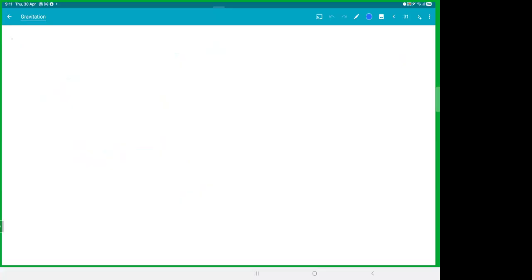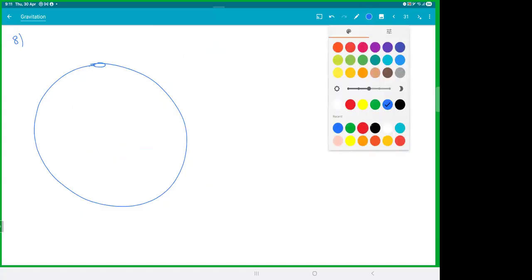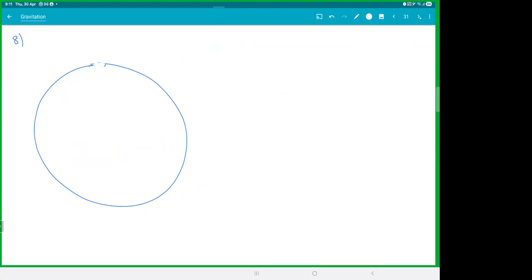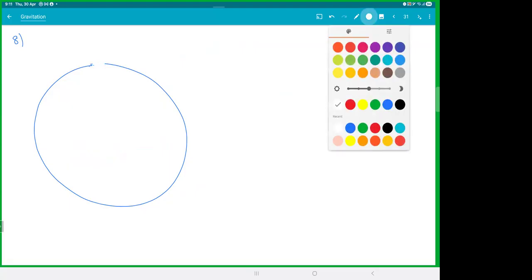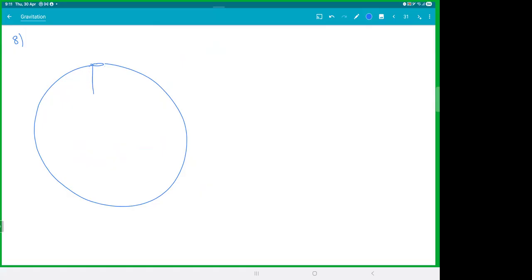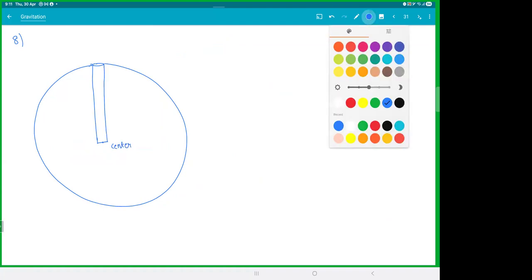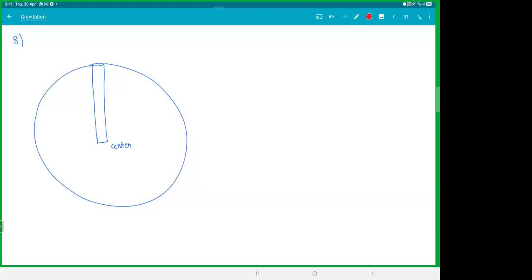Great. Let's see one more tunnel, but a little different one though. So we got a planet. We got a tunnel till the center. Now what you did, you took a rope and you placed the rope inside. Yeah, that's a rope.